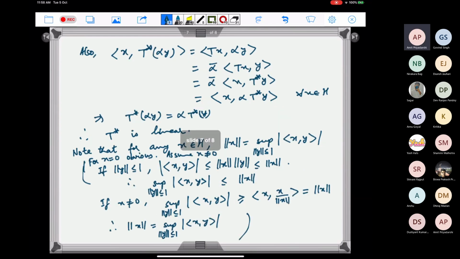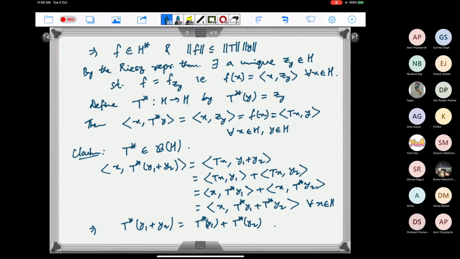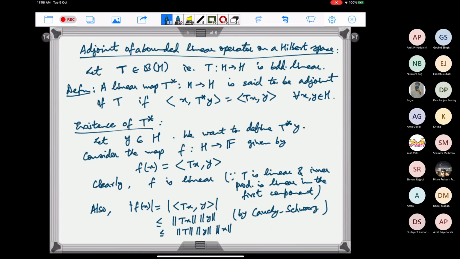Let me write like this. How we define this T star: if I have X inner product with T star, then that is the same as T. So if we have T here, then it goes to T star in the second component.